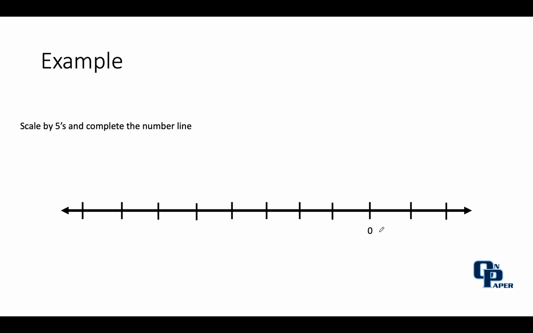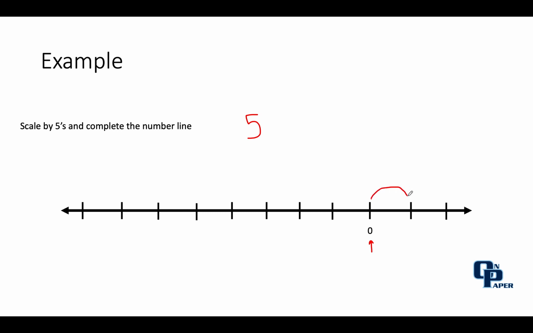Moving on, this is another example, so we're still on our notes side. If you want to add this to the same page we've been working on, this time it says scale by 5s and complete the number line. So I know my number is 5. I see a 0 right here, I figure that's a good starting point because we already have a number given, and I can move both ways.